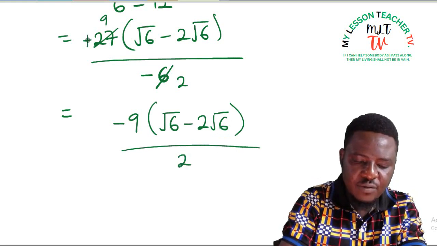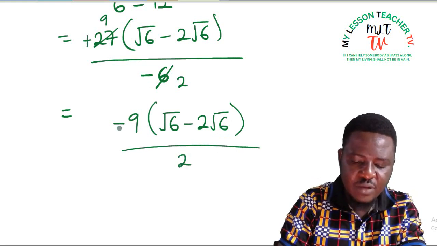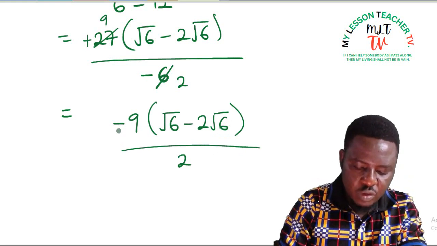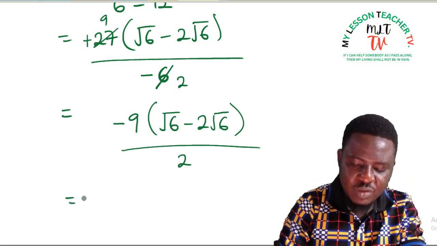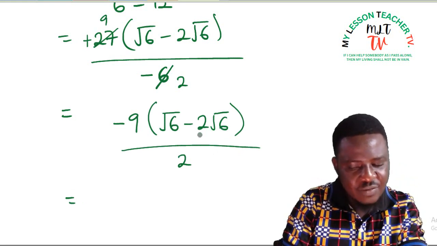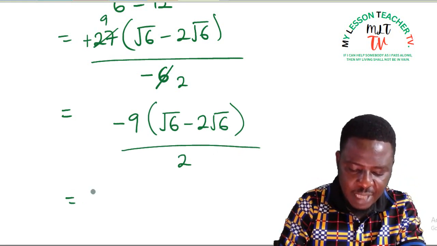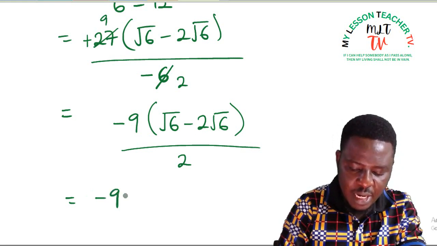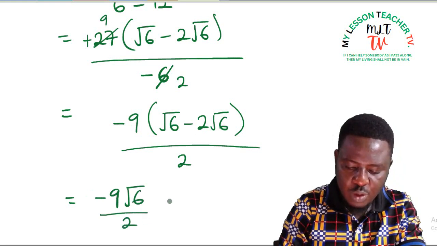For positive divided by negative gives us a negative. So you can also simplify this by taking the negative sign inside, and this becomes minus 9 root 6 over 2.